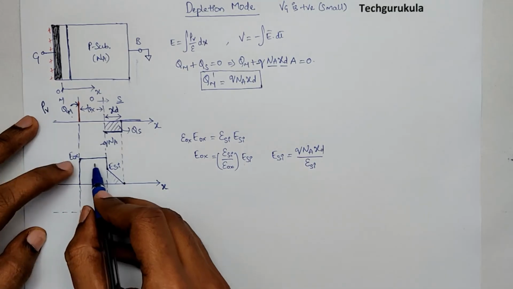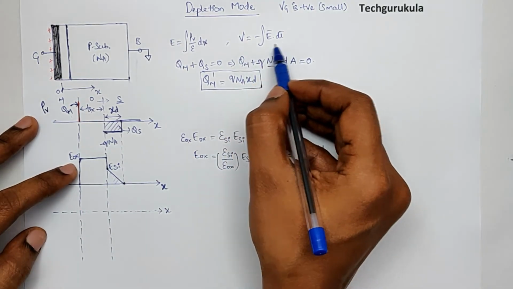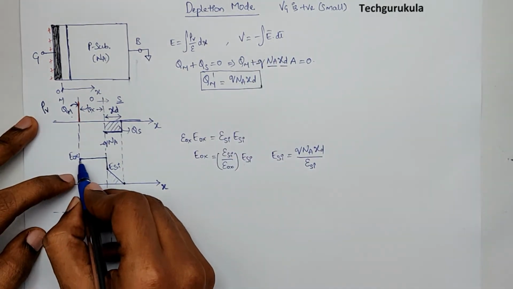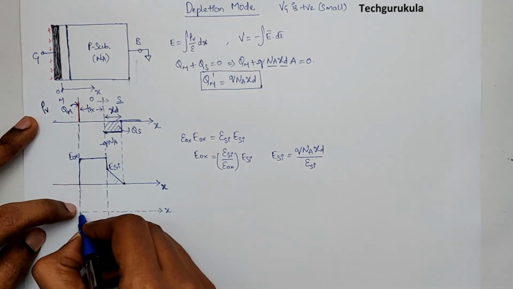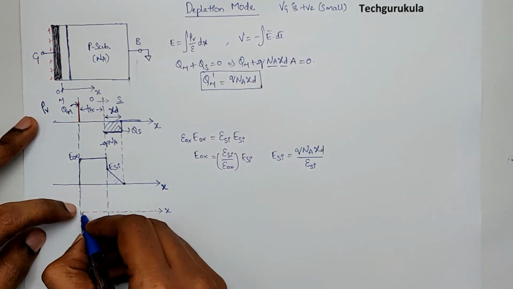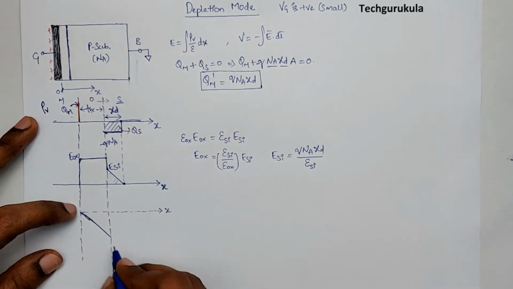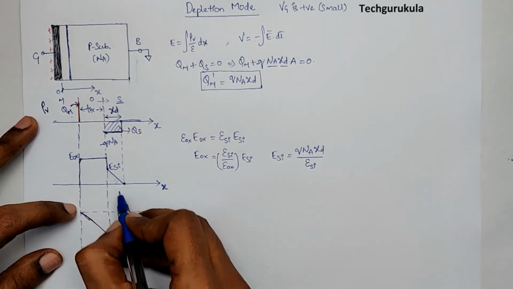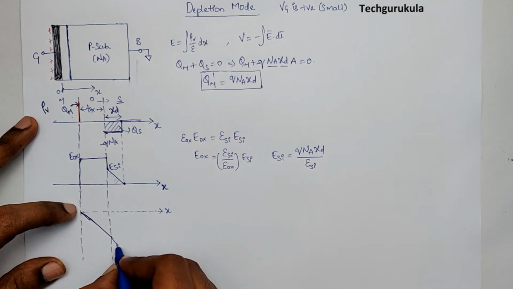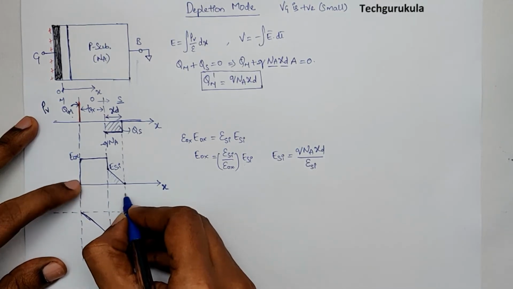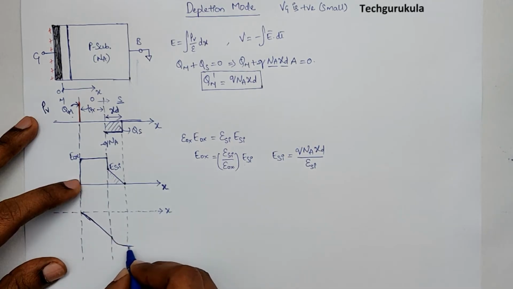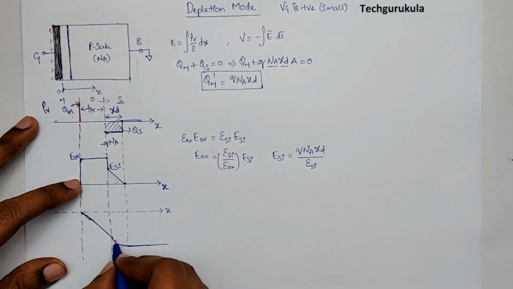Okay, so if I integrate this, integration of a unit step is a ramp, so it will be minus of, hence it keeps increasing in the negative direction. It will be like this. And for a triangle, you'll get a parabolic kind of graph. Once we hit XD, it should become a constant value.